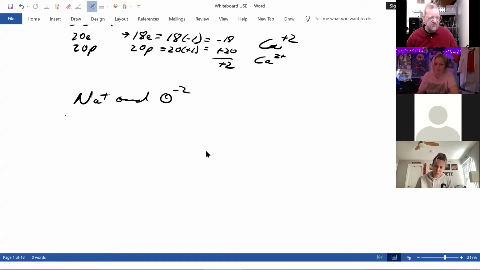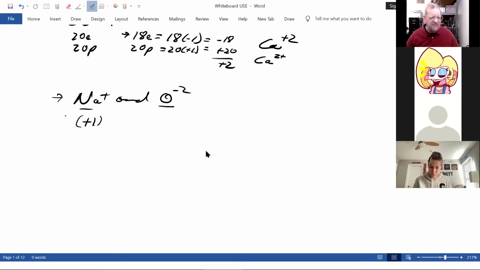What is the empirical formula for a molecule formed from these ions? This is a +1. This is a -2. It has to add up to 0. You cannot change the charges, but you can change how many.